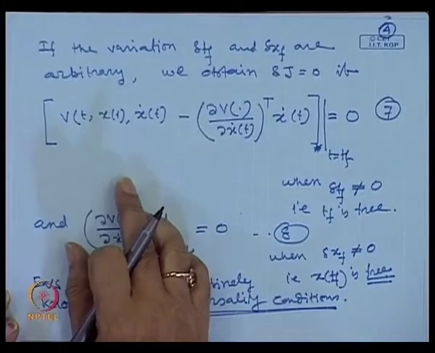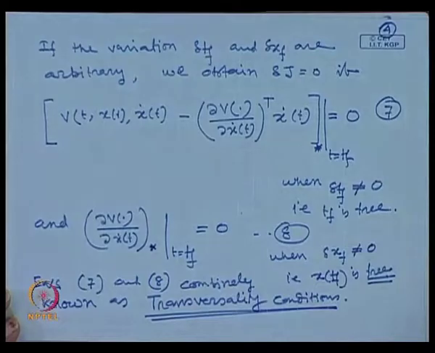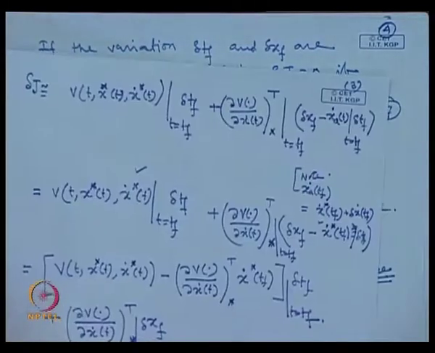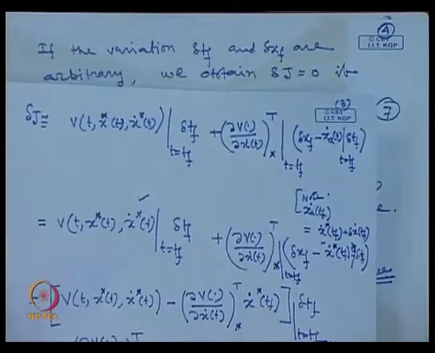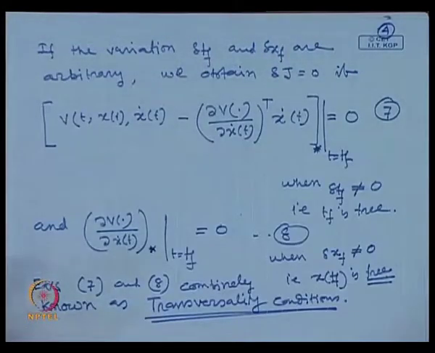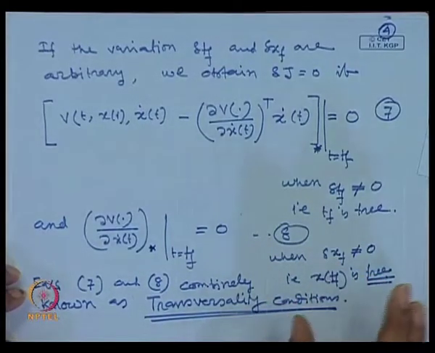That is del V del x minus d of dt bracket del V del x dot is equal to 0. This Euler Lagrangian equation must be satisfied.